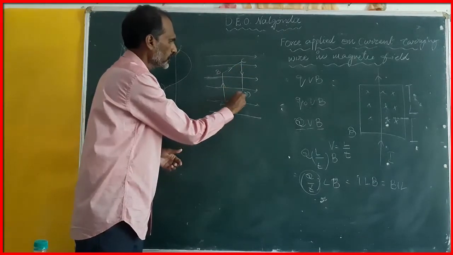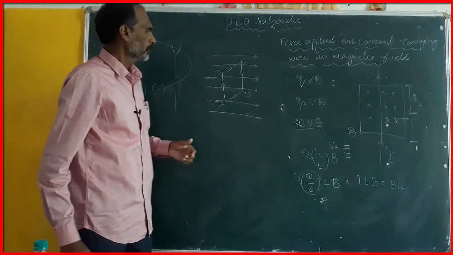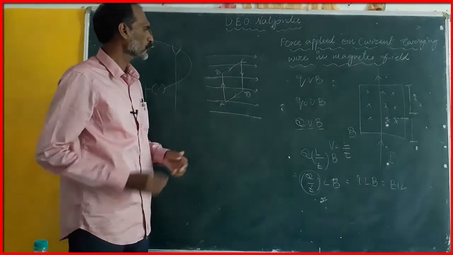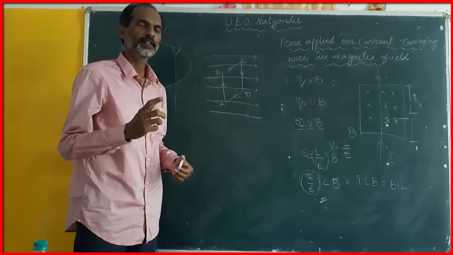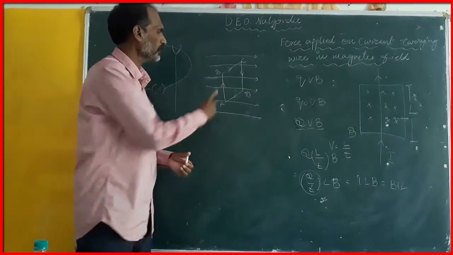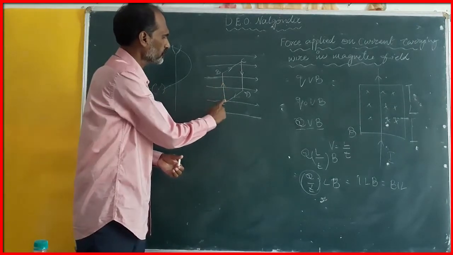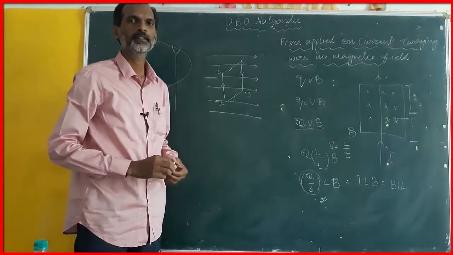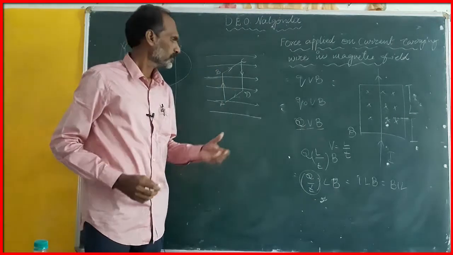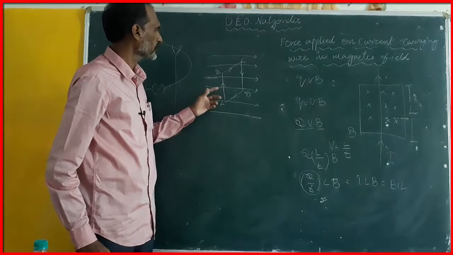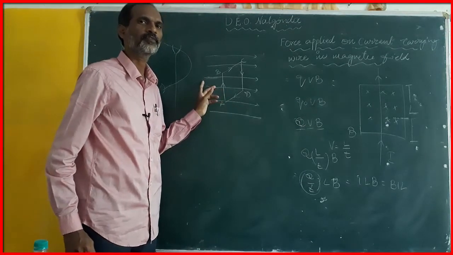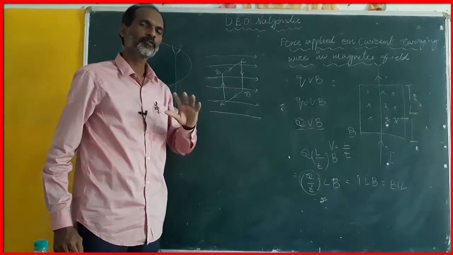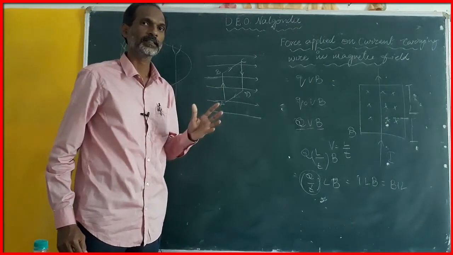By using the right hand rule, we can find out the direction of the magnetic field which is produced when the current carrying conductor is traveling from A to B. We know that so far we have seen that when a current carrying conductor is placed in a uniform magnetic field, a force is exerted on the conductor.